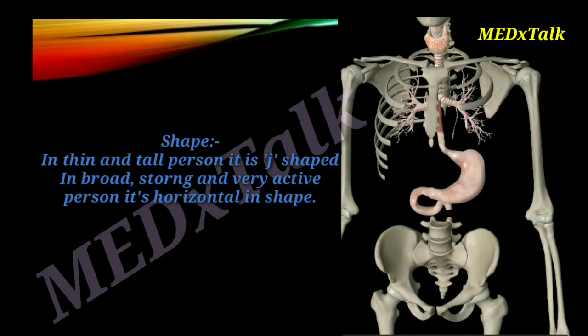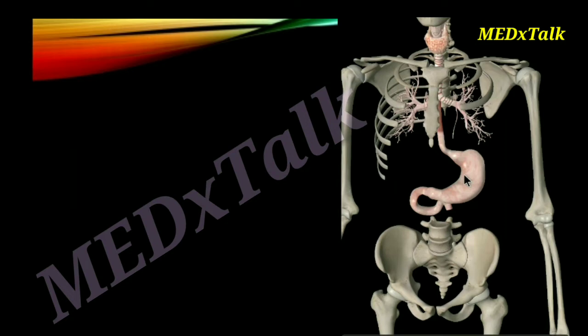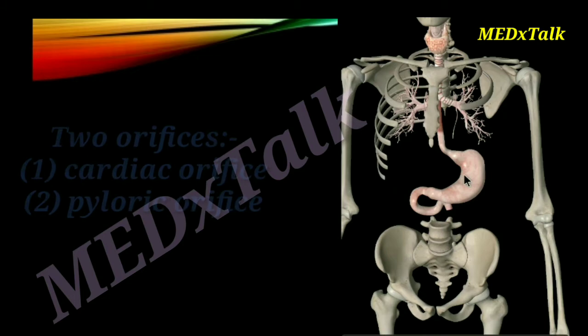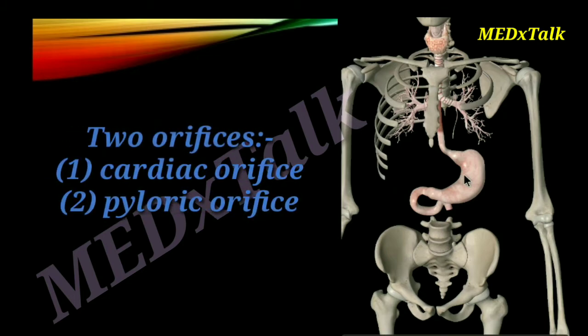Now we discuss the external features of the stomach. The stomach has two orifices or two openings. The first one is the cardiac orifice and the second one is the pyloric orifice.